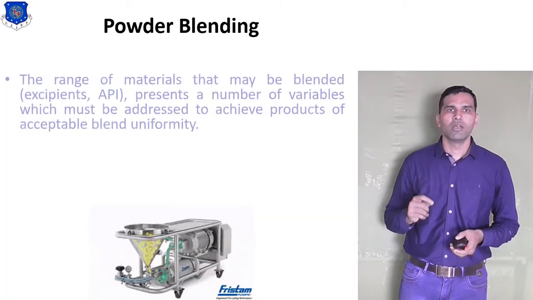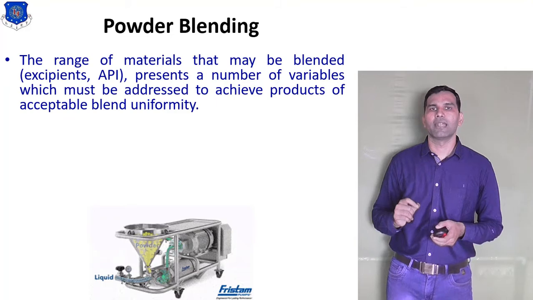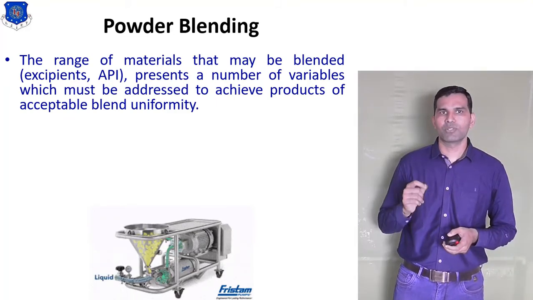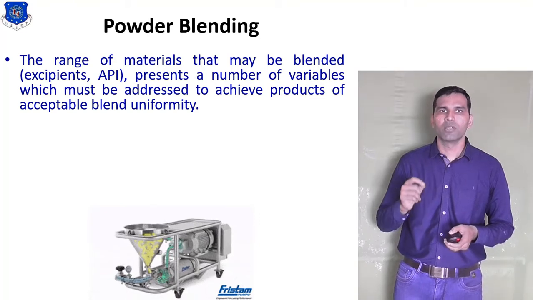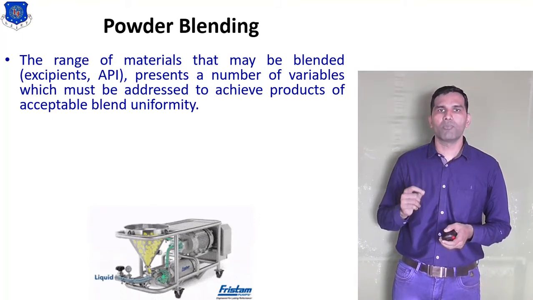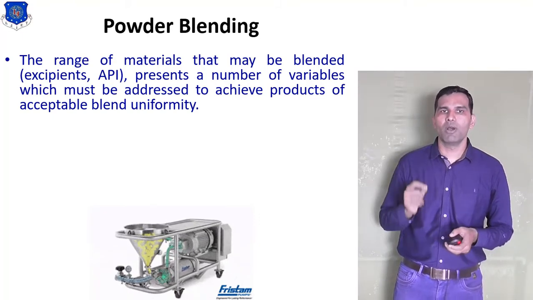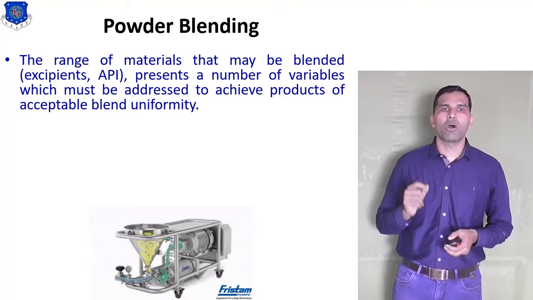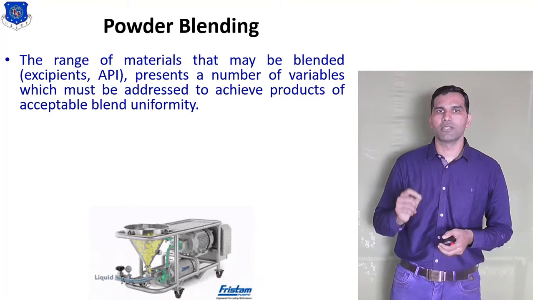The range of materials that may be blended, that means excipients and API, present a number of variables which must be addressed to achieve a product of acceptable blend uniformity.